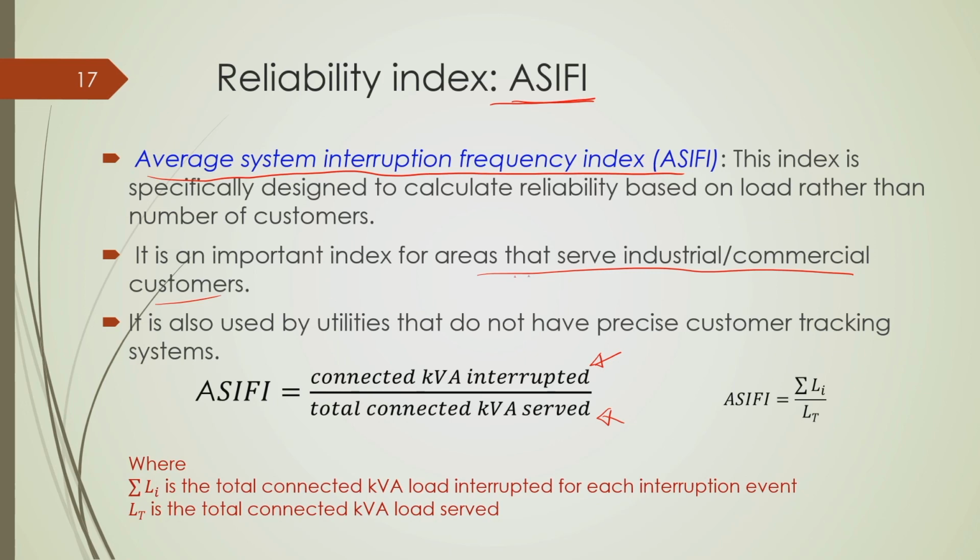And why is it important for industrial or commercial customers? They need uninterrupted power. So, with this index a utility will understand how much power or energy was delivered to them in comparison with what they demand. Previously the indices were energy based, now this is a load based or KVA based index.